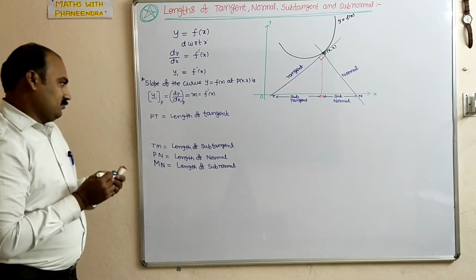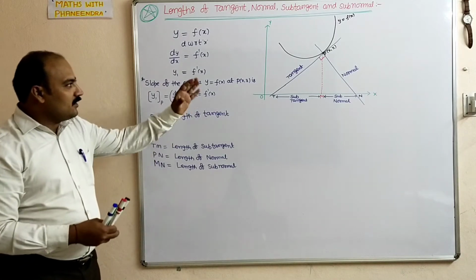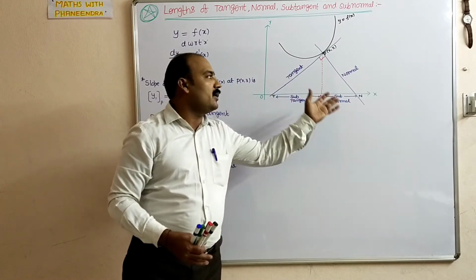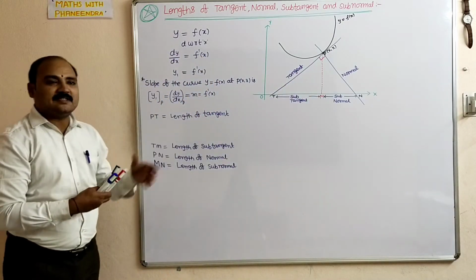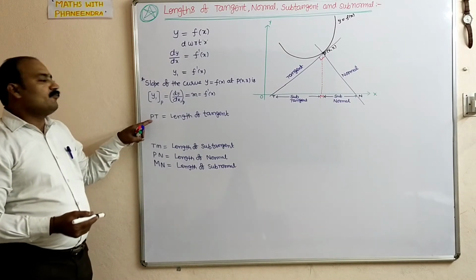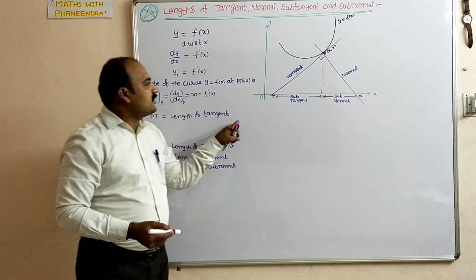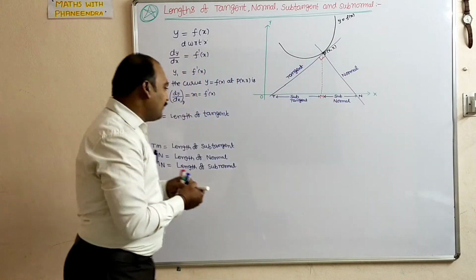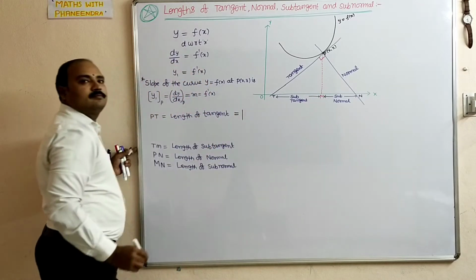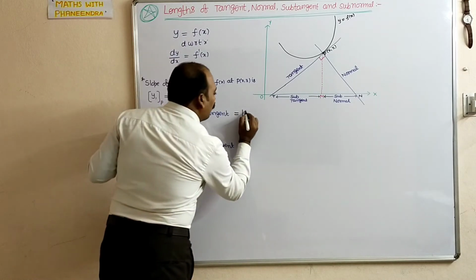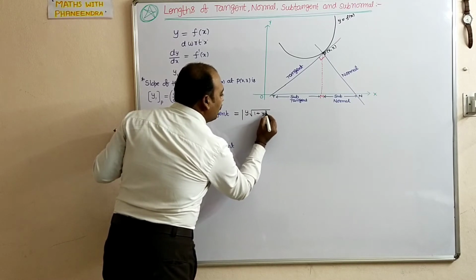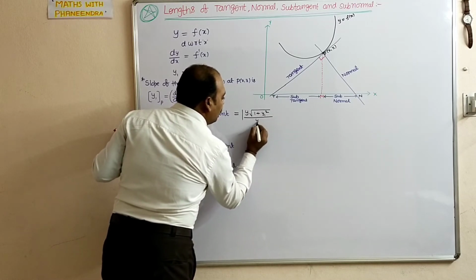So here, after getting the information about tangent, subtangent, normal and subnormal, we will discuss the formulas related to these points. Pt, length of tangent from here to here. Length of tangent is equal to mod y into square root of 1 plus y1 square divided by y1.